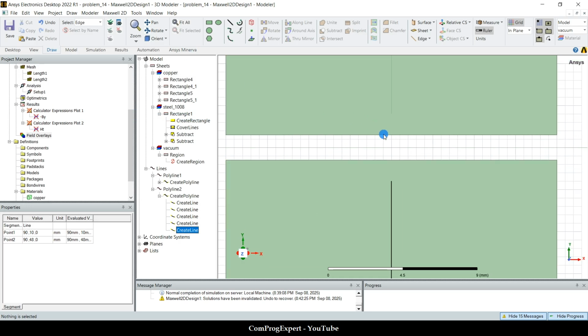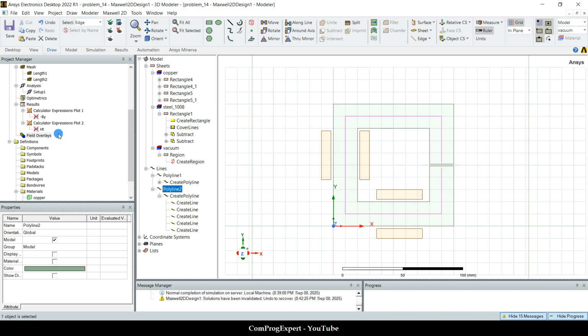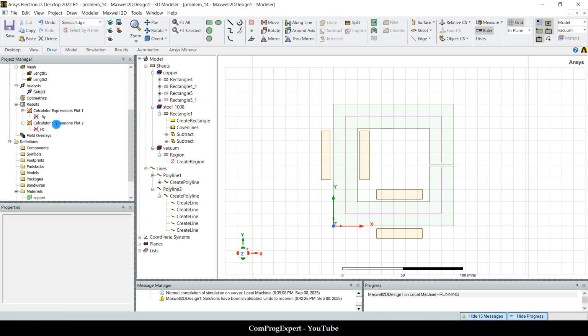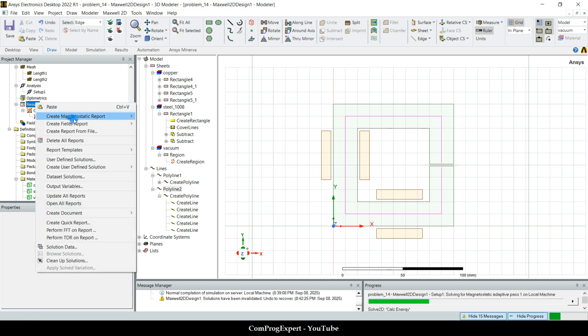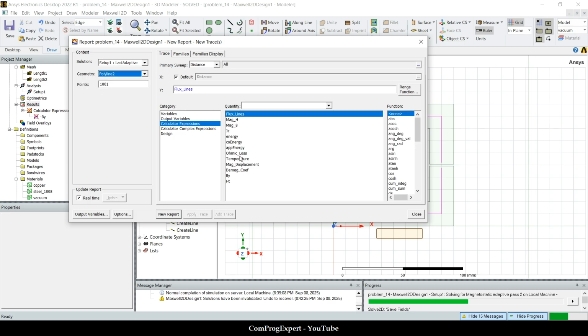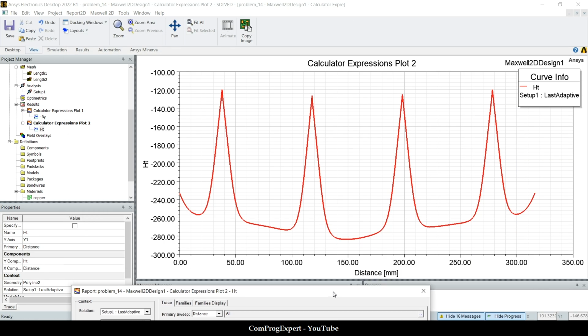So not too close to the air gap. This polyline is for calculation of the average value of the Ht. So run the simulation again and plot the value of the Ht for polyline 2. This is the value of the Ht.